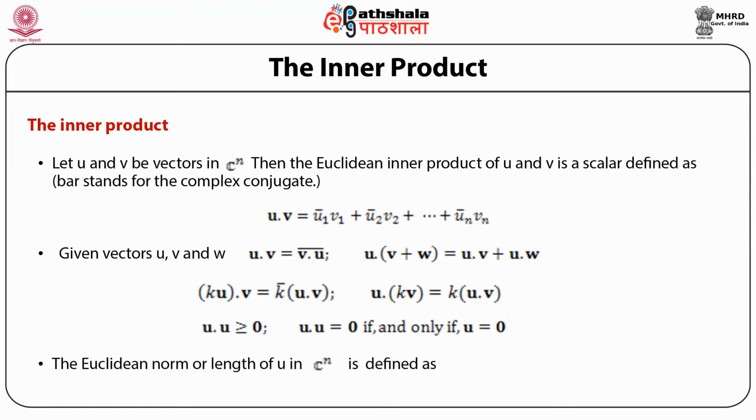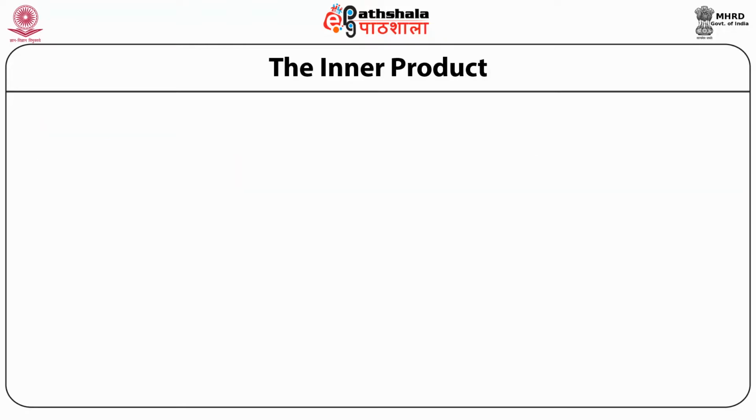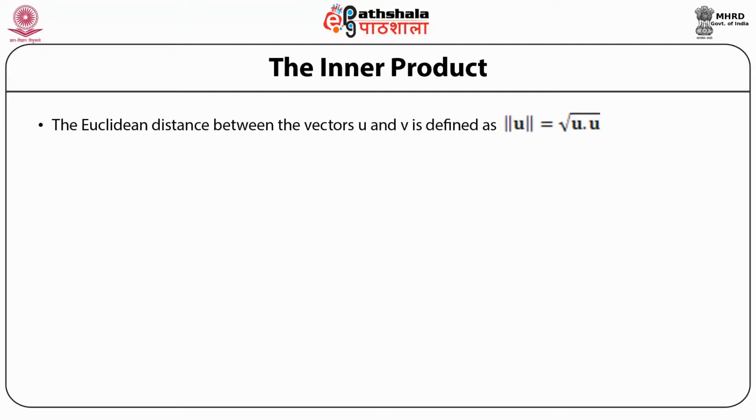The Euclidean norm or length of U in C raised to power n is defined as norm of U is equal to square root of U dot U. The Euclidean distance between the vectors U and V is defined as d of U, V, which is equal to the norm of vector U minus V. That is, norm of vector U is equal to square root of modulus of U1 square plus modulus of U2 square plus so on till modulus of Un square.